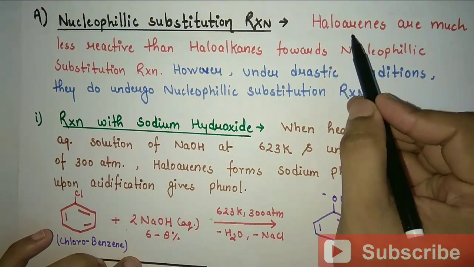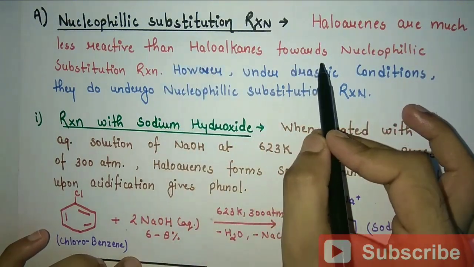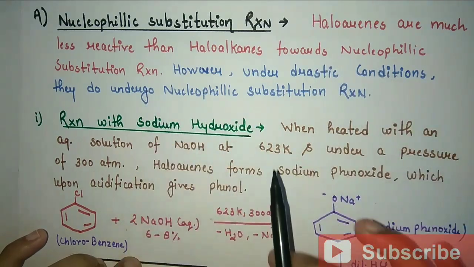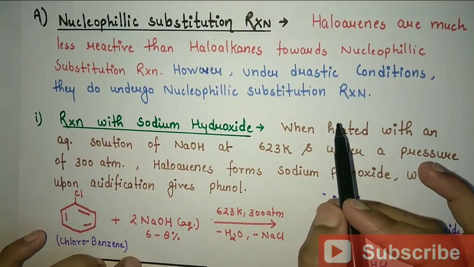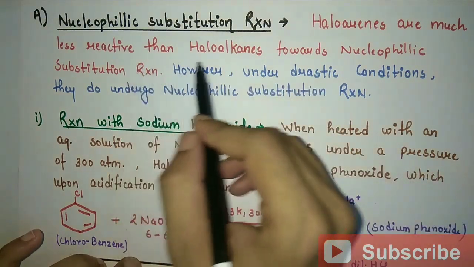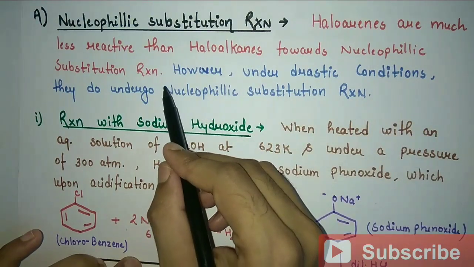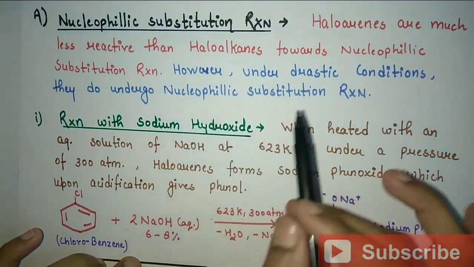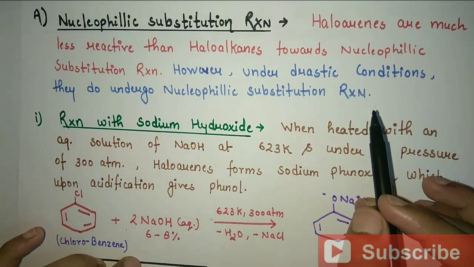Haloarenes are much less reactive than haloalkanes towards nucleophilic substitution reaction. I have told you three main reasons in my previous video for why haloarenes are less reactive than haloalkanes, and if you haven't watched that video, then click on the I button to watch it.